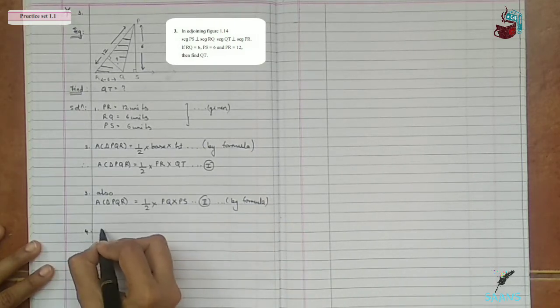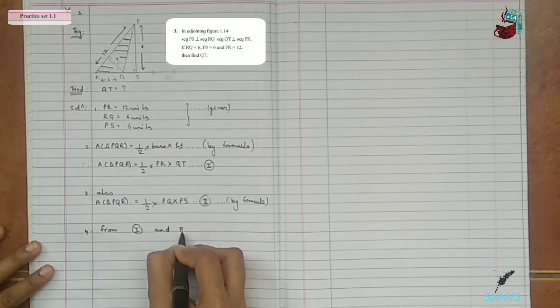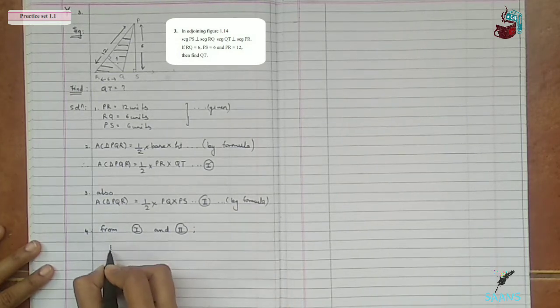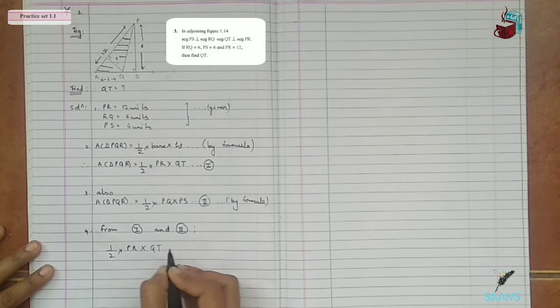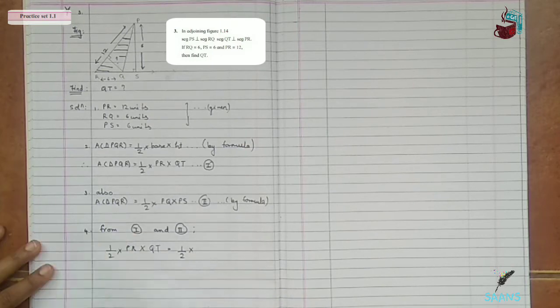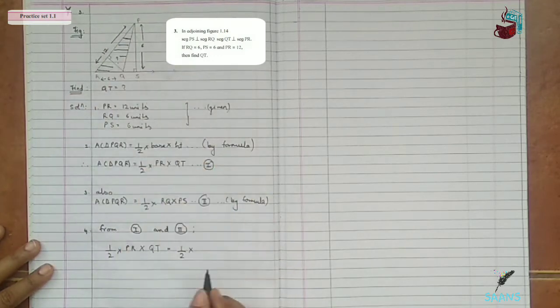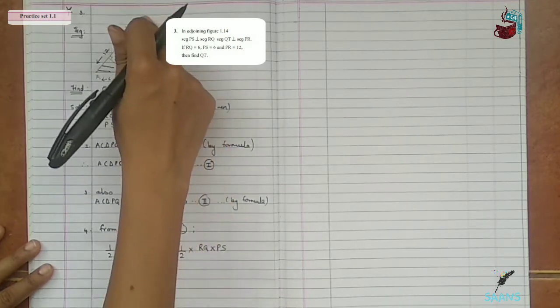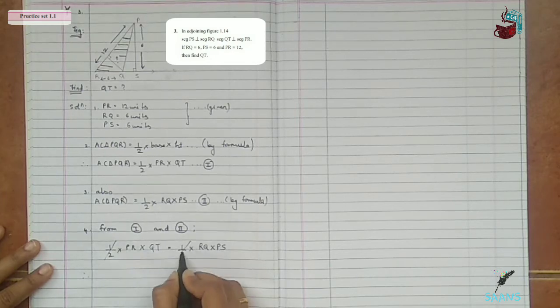Now say from 1 and 2, or equating 1 and 2, we get half into PR into QT is equals to half into, sorry, here RQ should come, RQ base into height, half into RQ into PS, that is the height, base into height. Okay, half and half gets cancelled on both the sides.